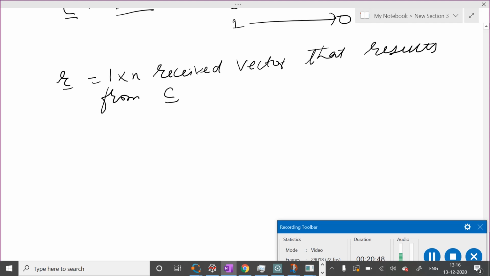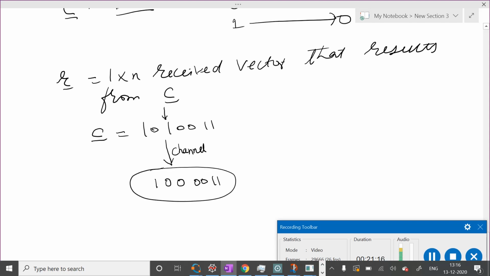Okay, now how can we realize the error? Suppose your code word was 1010011, and let's say when you transmit it over the channel, there is an error at this location. This 1 gets changed to 0, so you receive 1000011. This can be realized in this way. How is this error realized mathematically?